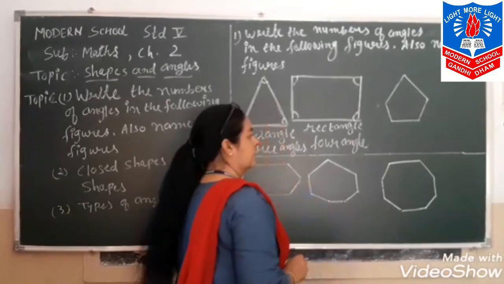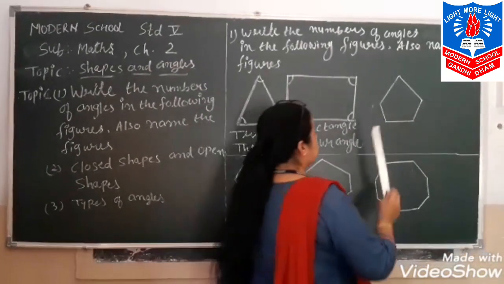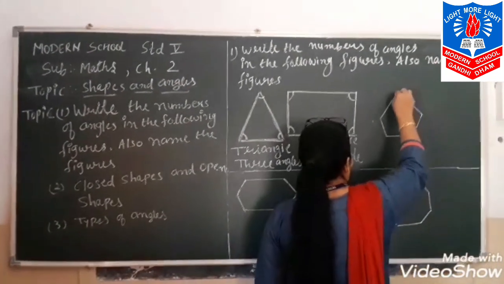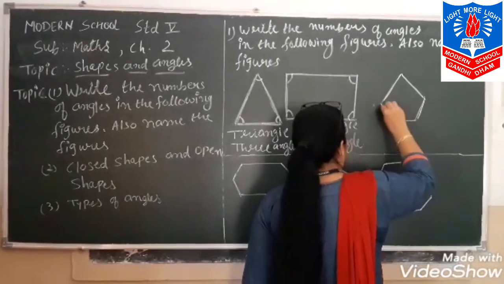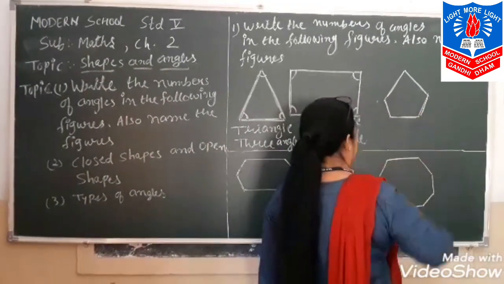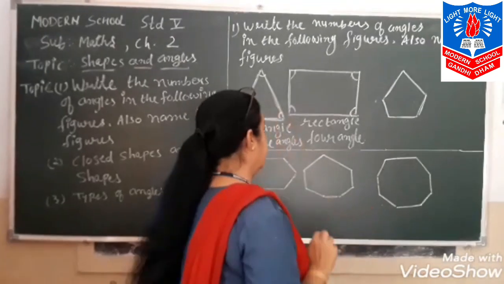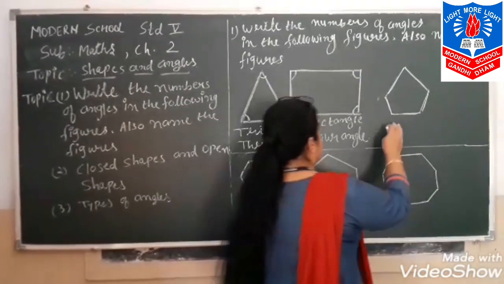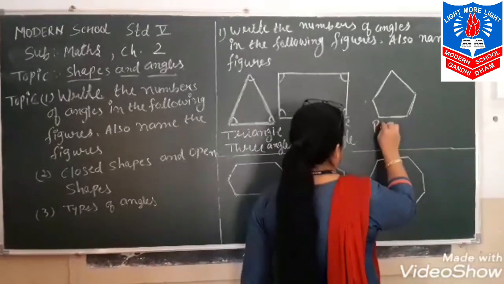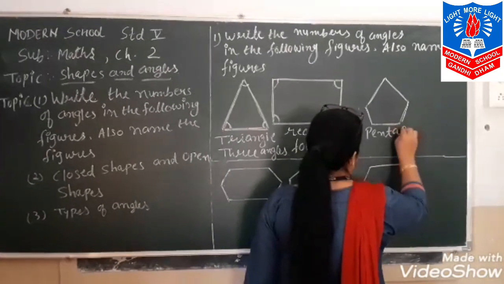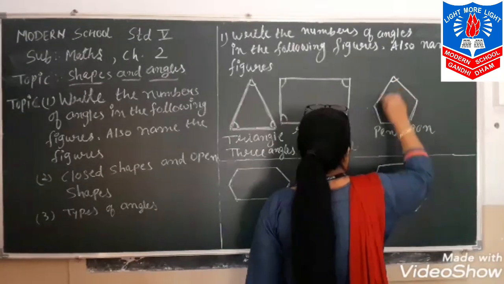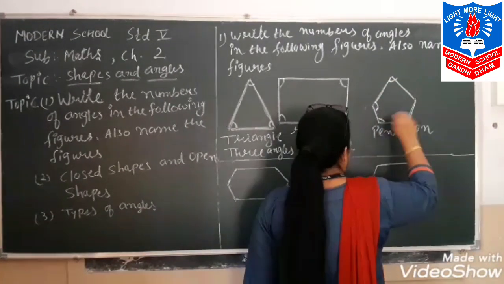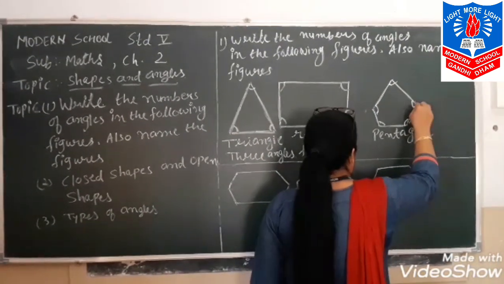angles. Then this figure, see how many line segments? 1, 2, 3, 4 and 5. With the help of 5 line segments, this figure is a pentagon. And how many angles here? 1, 2, 3, 4 and 5.